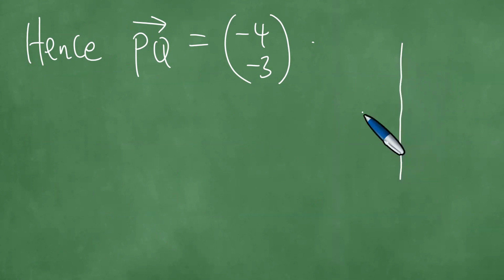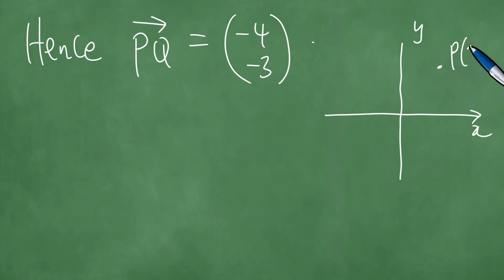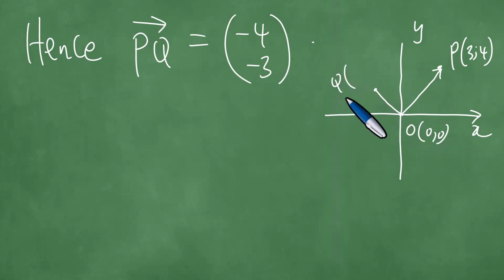We still have the vertical axis and the horizontal axis. We have the point P, which is (3, 4), and the origin, which is (0, 0). The point Q is not as high as P relative to the origin, and it has the coordinates (-1, 1).